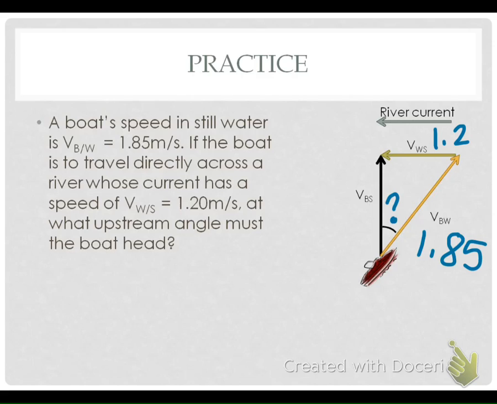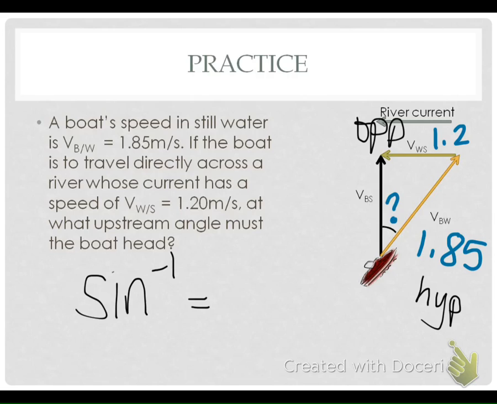The hypotenuse and the opposite. So we need to use inverse sine. So here we're going to go sine inverse of the opposite side, which is 1.20, over the hypotenuse, which is 1.85. 40.4.